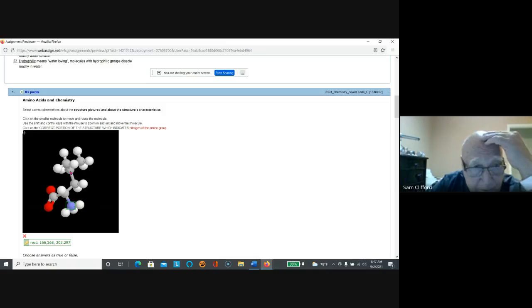So this is a chain of carbon and hydrogen, which makes it nonpolar. So it's hydrophobic, it's water fearing. It will not dissolve in water.